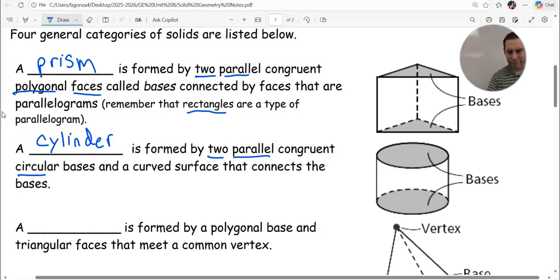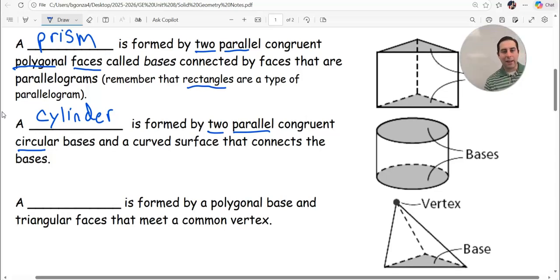Now, the next one. Those had two bases. This next one has one base and then one pointy top. Here's an example, pointing at the top. One base. And what's different about this? What is on the sides? What is connecting every side?